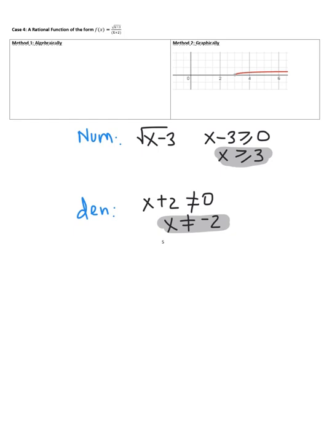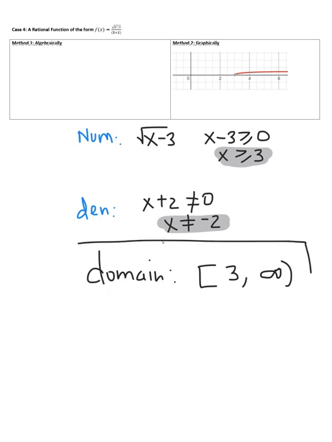I can write the domain, and the domain is going to be x greater than or equal to 3, and I'm going to write that using interval notation. From 3, included, to infinity.